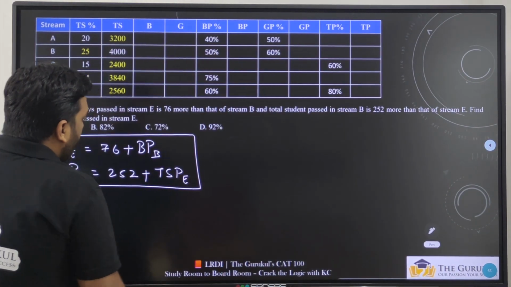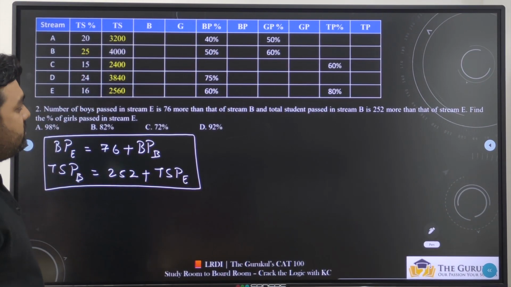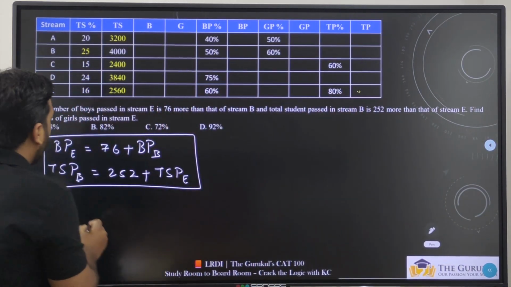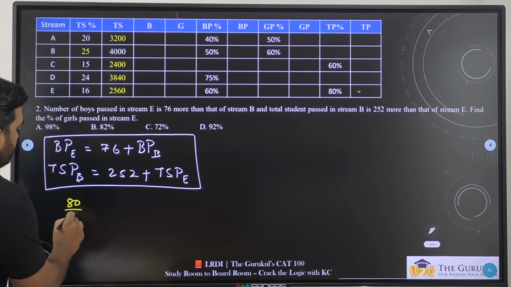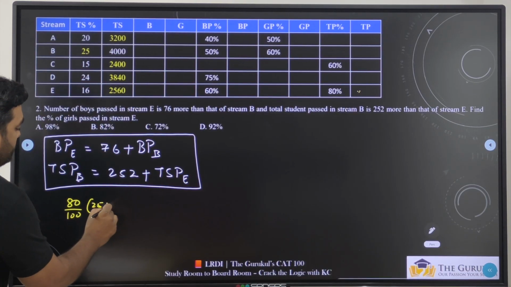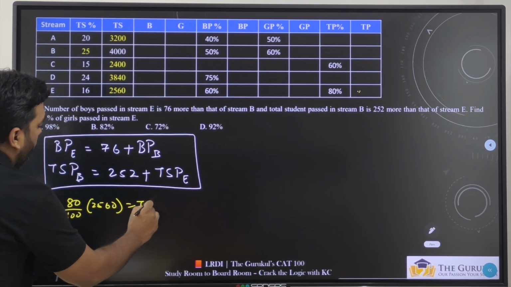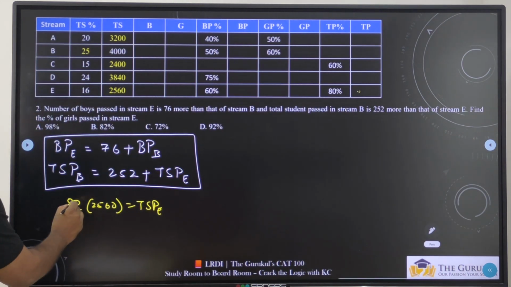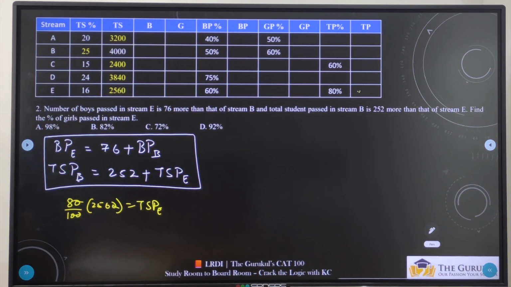Okay. Can I find out total students passed in stream E? This total passing will be equal to 80% of 2560, which will give me total students passed in stream E. This gets cancelled, 256 into 8. Quickly calculate.